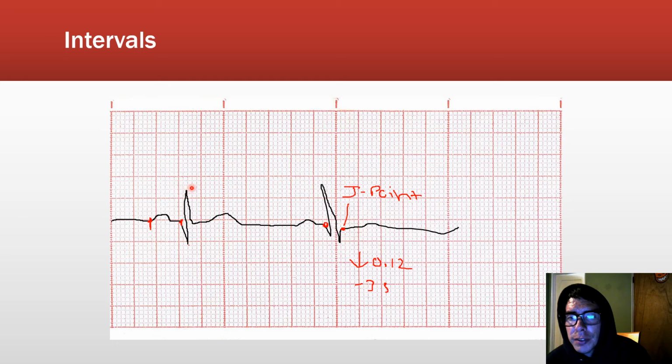So here we look how far it is from there to here, and we see if from here to here is less than half of that, so less than this halfway point. If it isn't, that's a long QT. If it is shorter, then that's normal. So we think. That's again not super accurate, and I don't think anyone will listen to you unless you're telling them directly off of the paper what it says, and that's one time when you do want to listen to what the machine says.